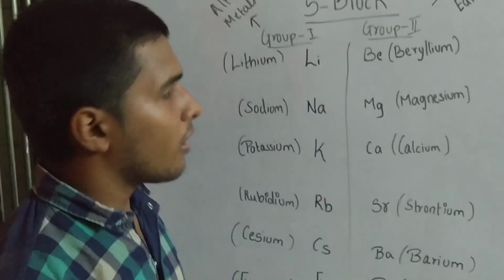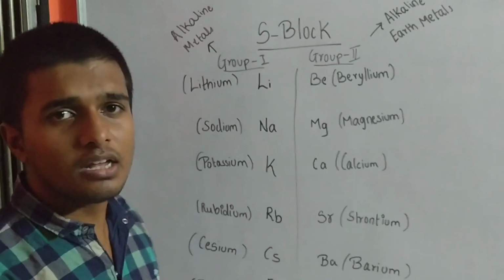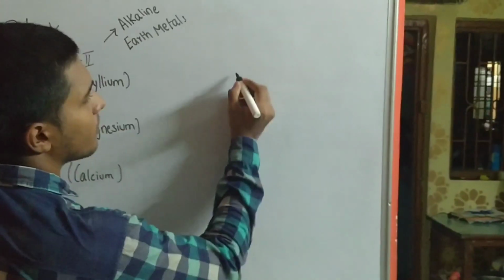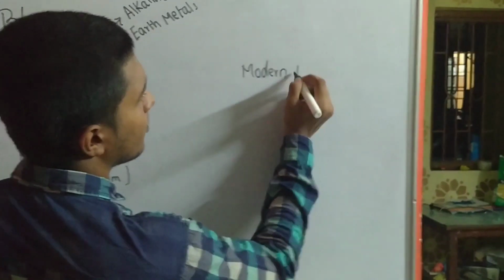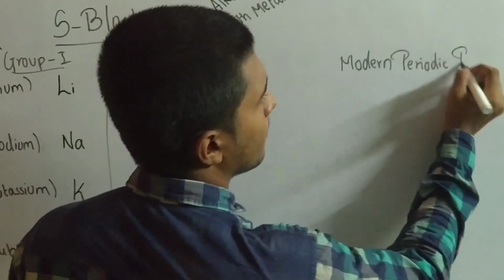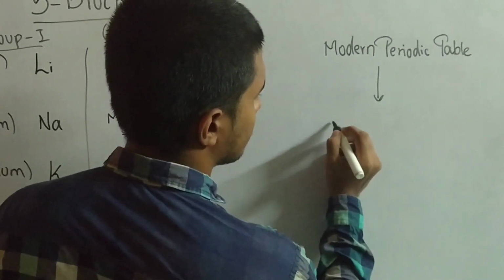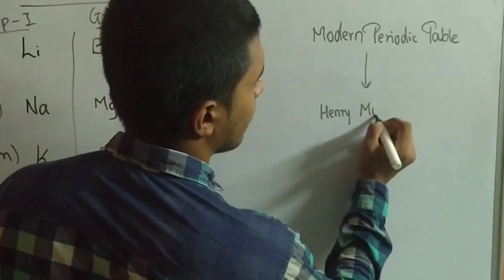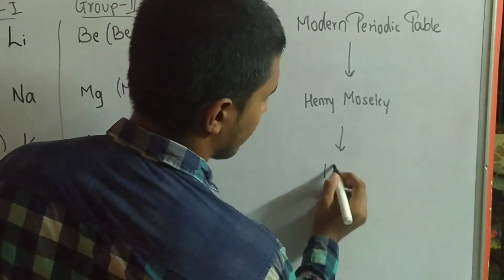Before starting the S block, I will give you a brief idea of the modern periodic table through a flow chart. The modern periodic table was proposed by the English physicist Henry Moseley in the year 1913.